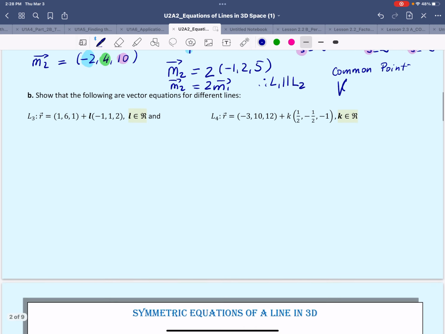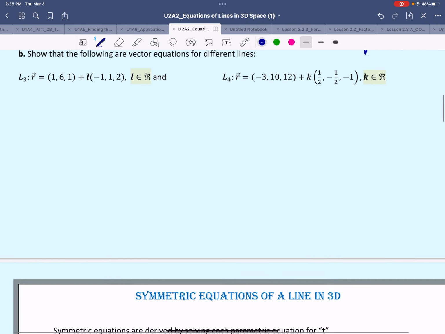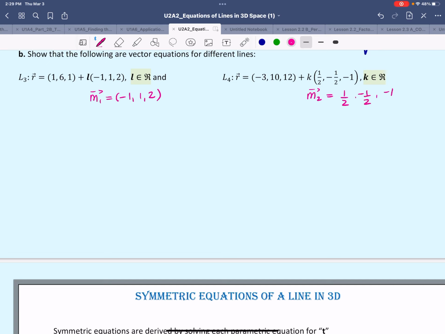So in the next example, we have again a similar situation, and we have to check and see if the two lines are coincident or not, or are equivalent or not. Again, we're going to start off with the direction vector. So direction vector M1 here is (-1, 1, 2). Direction vector M2 here is (1/2, -1/2, -1).